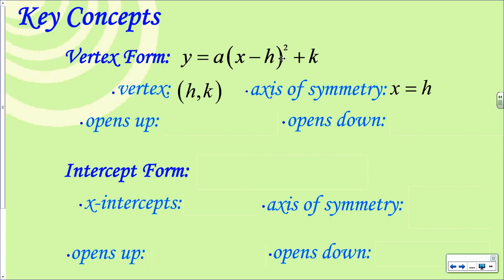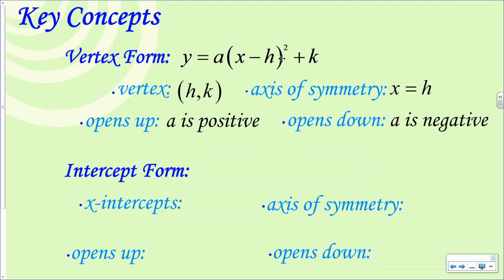And my parabola opens up when what's positive? Yeah, a, right? When a is positive, it opens up. Good. And it opens down when a is negative. Perfect, right?